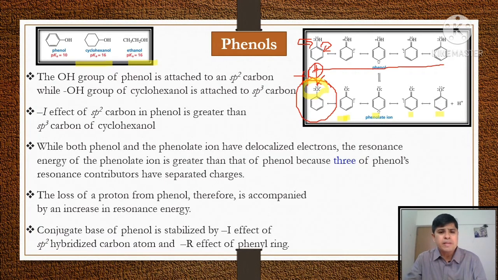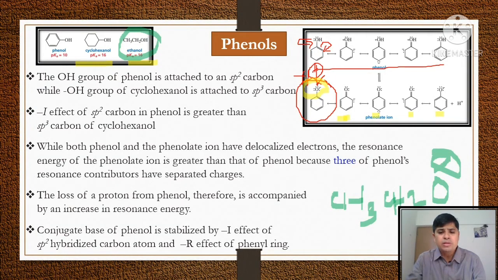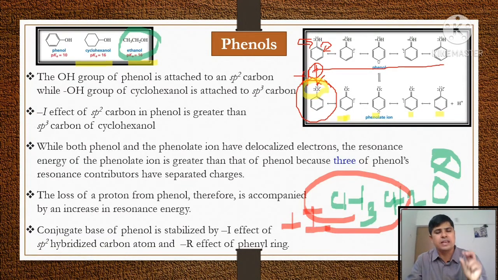See, in case of ethyl alcohol, what can we get? We will get CH3CH2O minus, the ethoxide anion. Now see, we know this ethyl group has a plus I effect, that means electron donating effect, electron pushing effect.